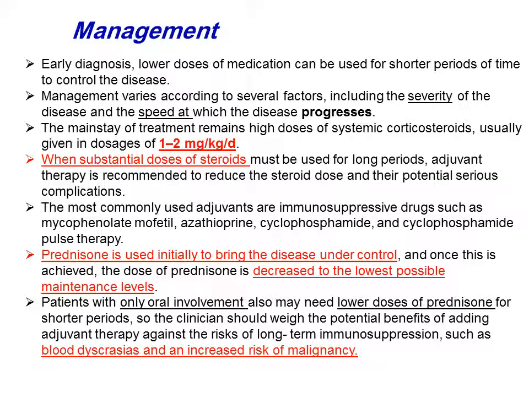Management depends on many factors, including severity and the speed at which the disease progresses. Treatment is mainly high doses of systemic steroid, at a dosage of 1 to 2 milligrams per kg body weight.